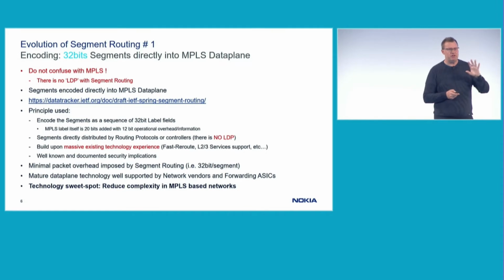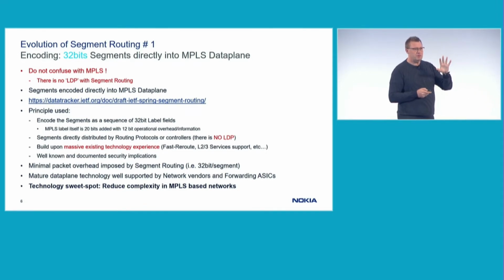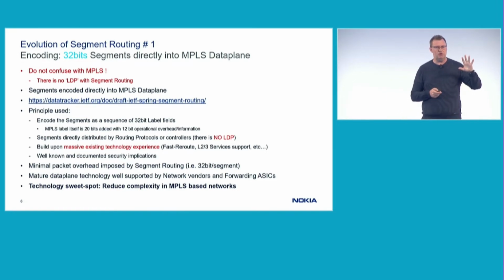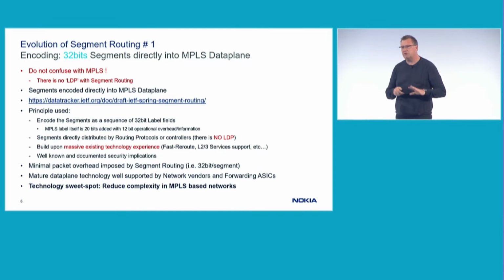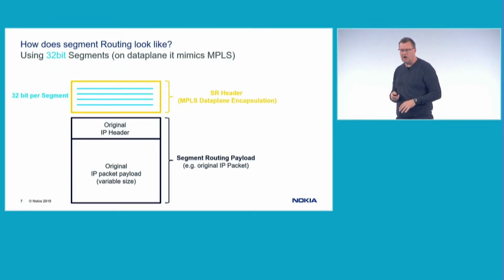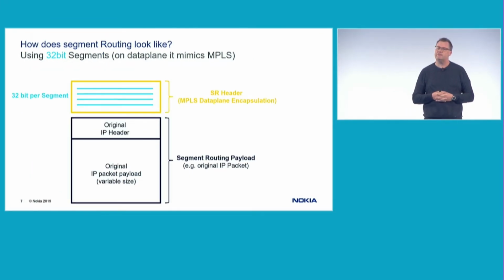The technology sweet spot for using 32-bit segments, if you have an MPLS underlay already, is that it's very simple to introduce. There's not really a particular flag day to start introducing this. You can run this at the same time with your MPLS if that is what you want. So perfect for brownfield environments. How does it look on the wire? It looks like this.